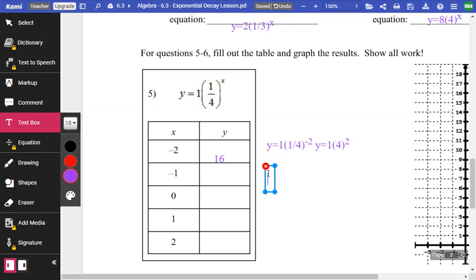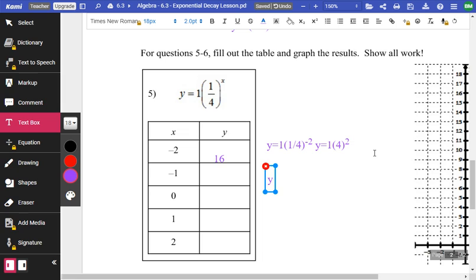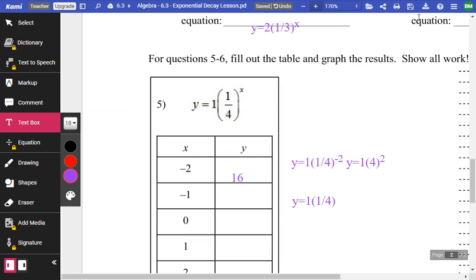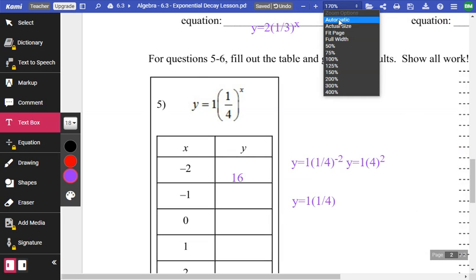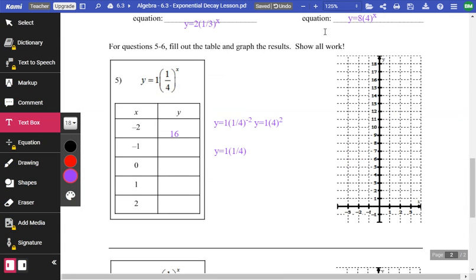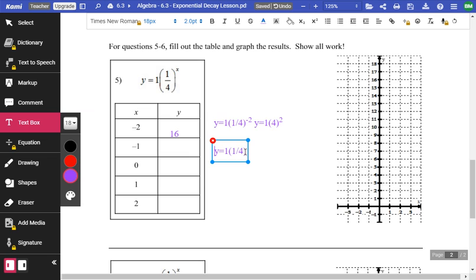Okay, let's do this next one. Again, remember those negative exponents, we've got to flip them. So we've got y equals 1 times 1/4 to the -1. So remember, now we have to flip. So this is going to give me y equals 1 times 4 to the 1.